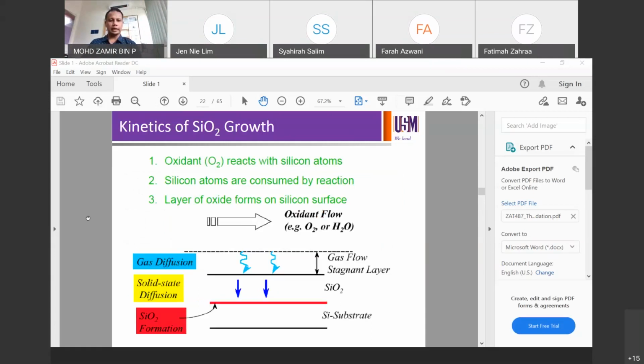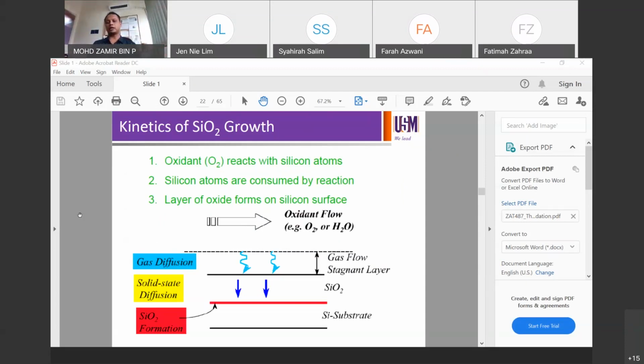Okay, we're going to look at the kinetics of the silicon dioxide growth. This is actually what's happening during the process. What we know is, for example, if you use dry oxygen in a dry oxidation process, you pass your oxygen into your tube furnace, then eventually you're going to have maybe 10 nanometers of silicon dioxide, and that's it.